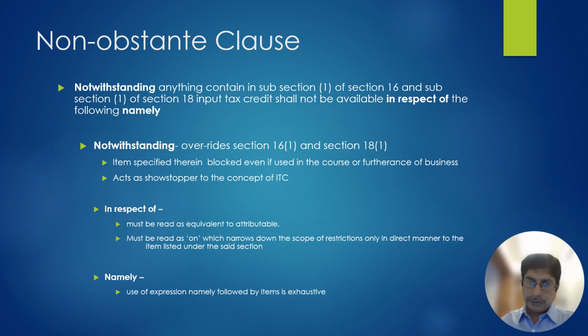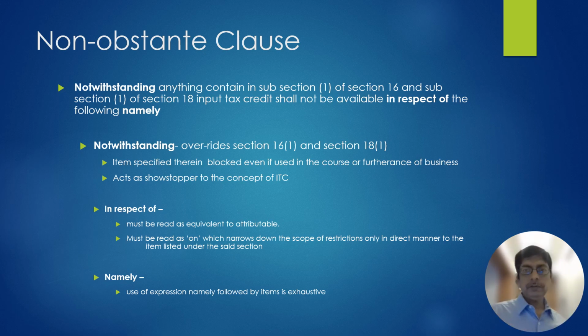As per section 16, which basically deals with the enabling provision of input tax credit, the GST credit is available. The businessman purchased the motor vehicle which is going to be used by its salesperson, that is for furtherance of business.